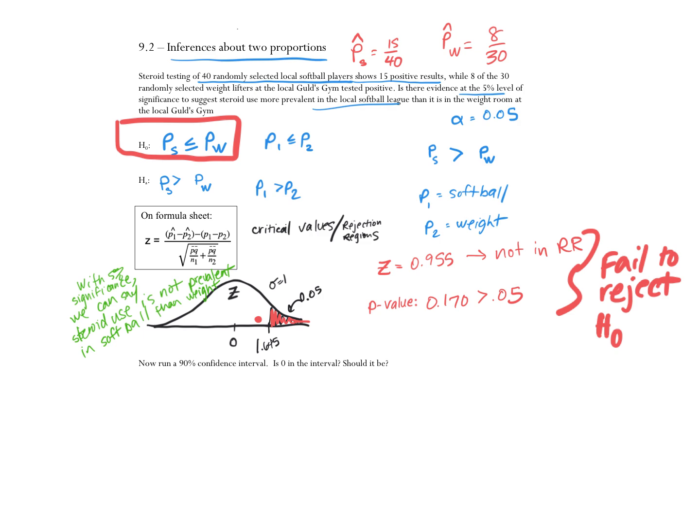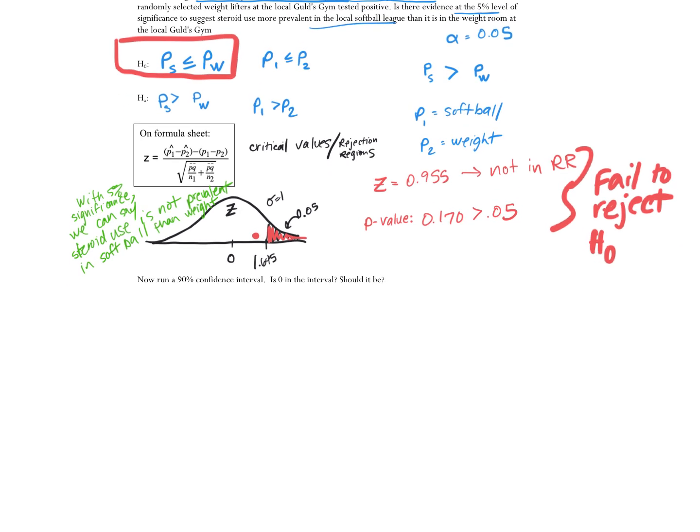Any questions on this? Okay. Next, when we do a 90% confidence interval, okay? When we run 2-prop Z intervals, instead of saying the hypothesis form, they estimate the value of the differences, okay?